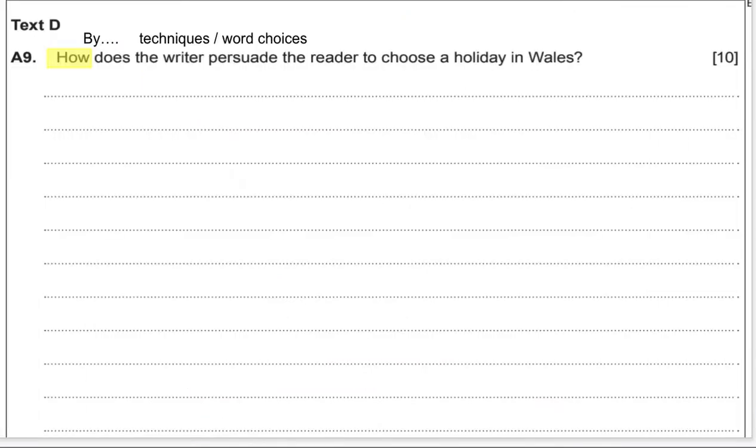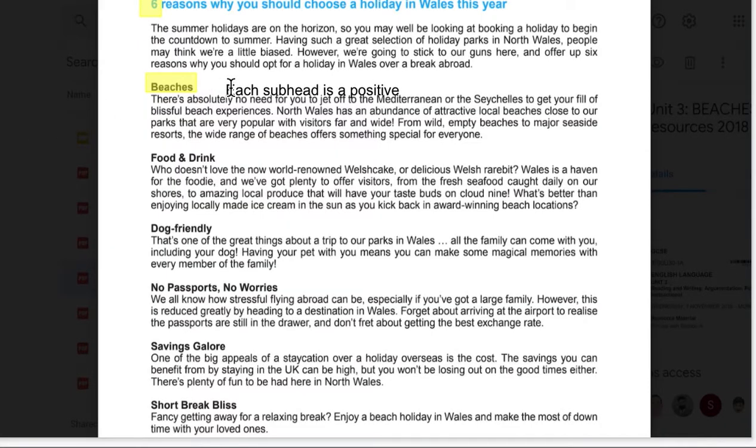Just to remind myself, a lot of what we're talking about are choices, so word choices that the writer's going to make. So let's look for a particular word choice. Absolutely no need for you to jet off to the Mediterranean or the Seychelles to get your fill of blissful beach experiences.